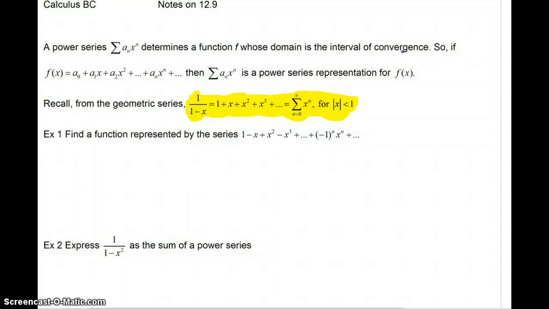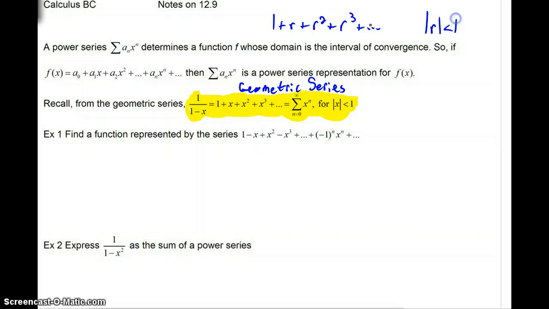So I've highlighted here something that I hope is familiar from the geometric series. In the geometric series, of course, what we have studied even last year in pre-calculus is that if you had a geometric series and if your common ratio was less than 1 in absolute value, then of course we would have that series converge.